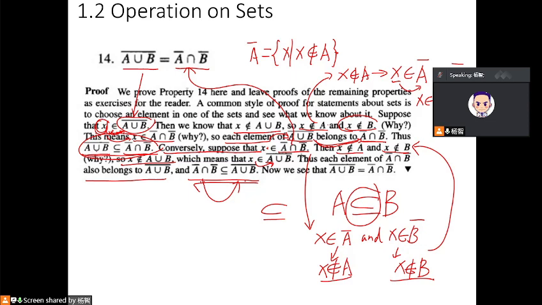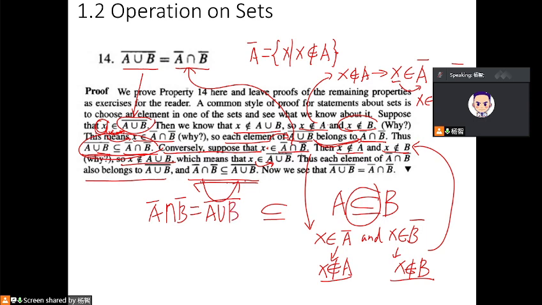And which situation, or which condition, can let these two expressions be satisfied? If they are equal, right?